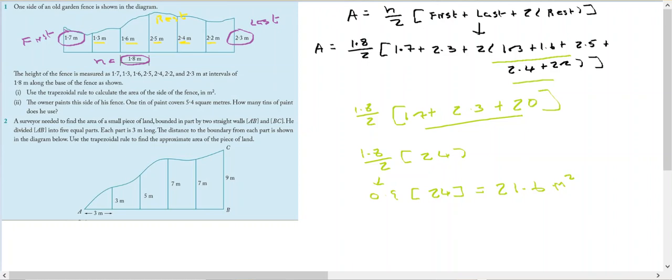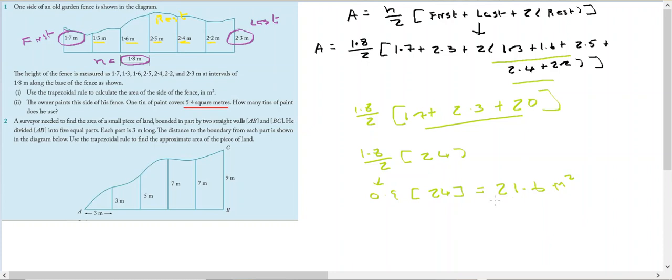The next part says that the owner paints this side of his fence. One tin of paint covers 5.4 square meters. How many tins of paint does he use? So how many 5.4 square meters have we got in this?